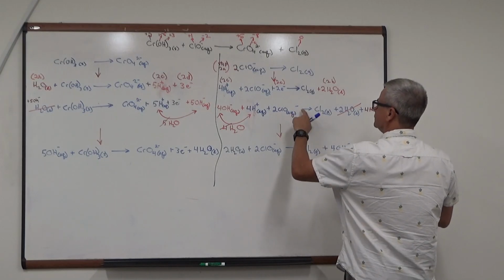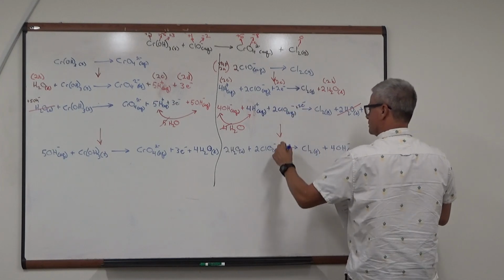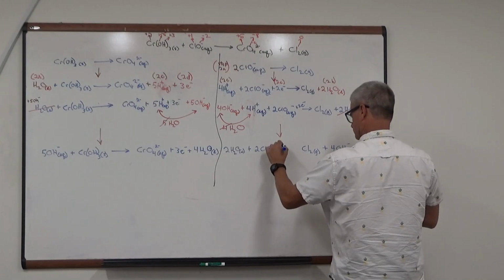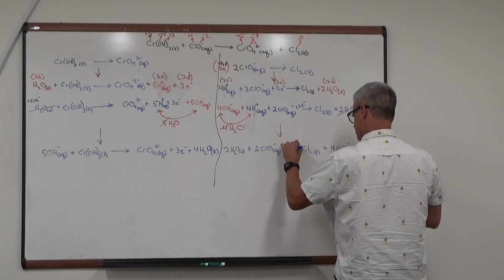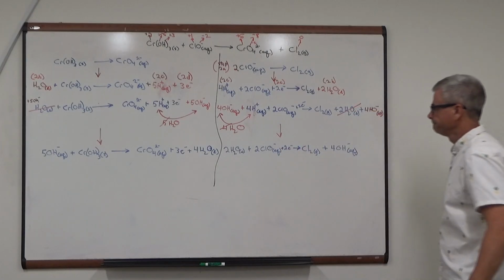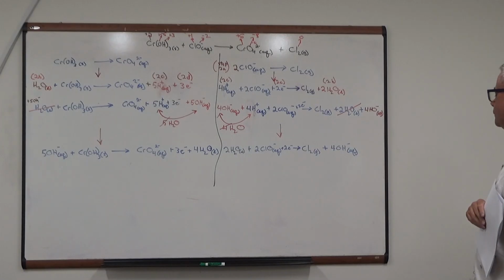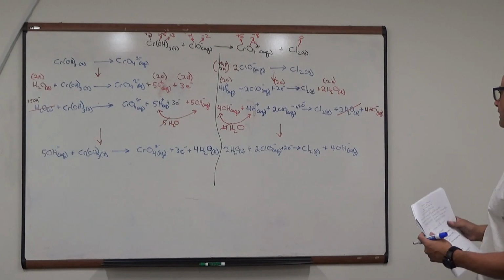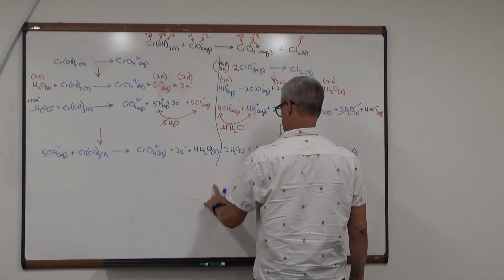So sorry. Plus 2 electrons there, plus 2 electrons there. Okay? Right? Correct. Beautiful.